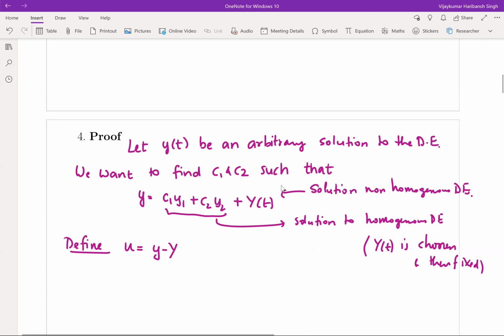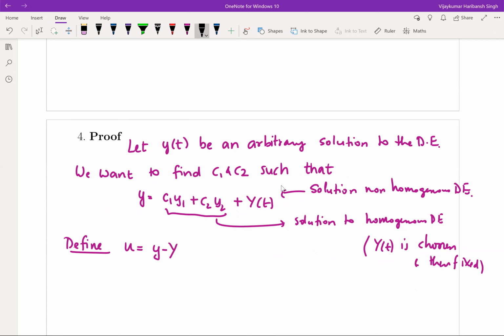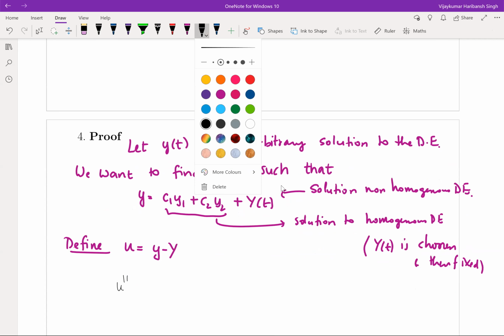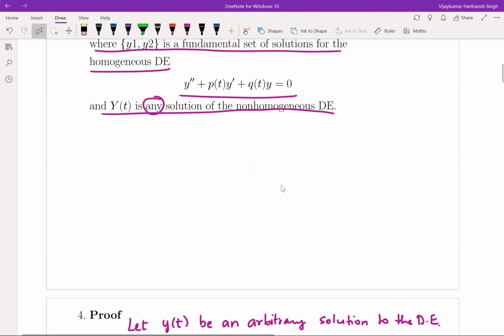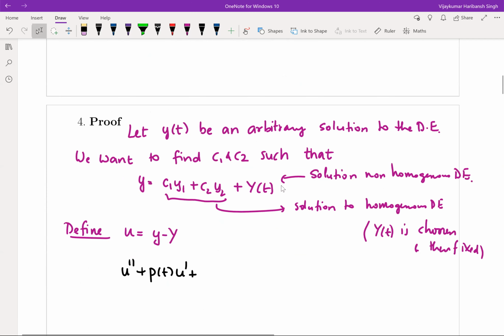If you take u'' + p(t) u' + q(t) u, let's see what we get.